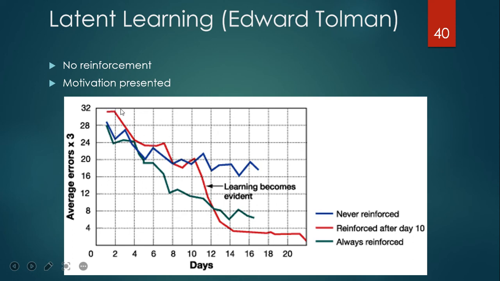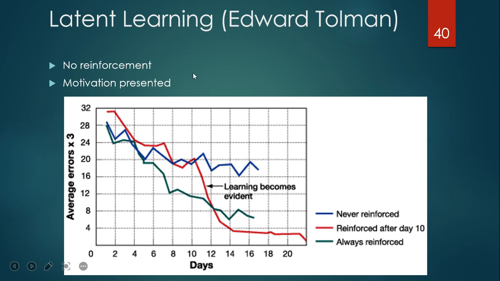So in days 1 through 10, they were kind of just learning about the layout of the maze. And that's what we call latent learning. They didn't have any particular motivation to learn the plan of the maze, but all of a sudden, when there's a chunk of cheese, when there's a motivation to successfully navigate the maze, we find that they actually were learning in days 1 through 10.